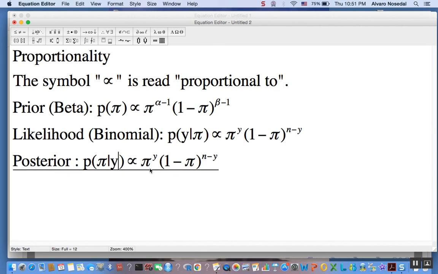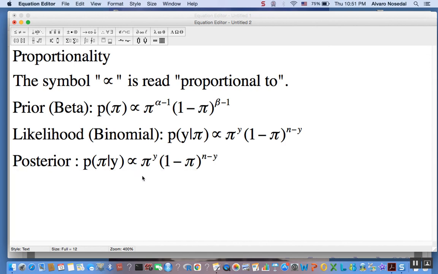What we do is prior times likelihood, which is the joint, divided by the marginal. But as we saw when we did the math step by step, the denominator is just a constant, a nasty looking constant, but a constant still.